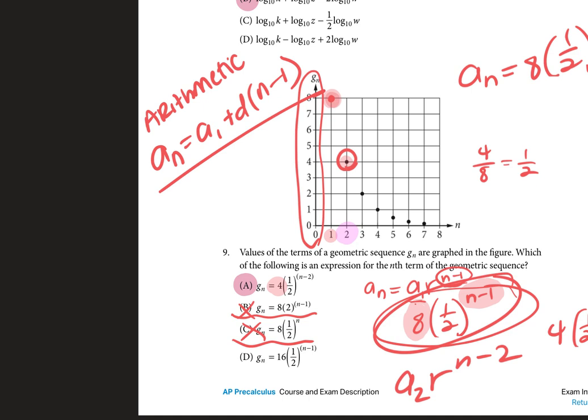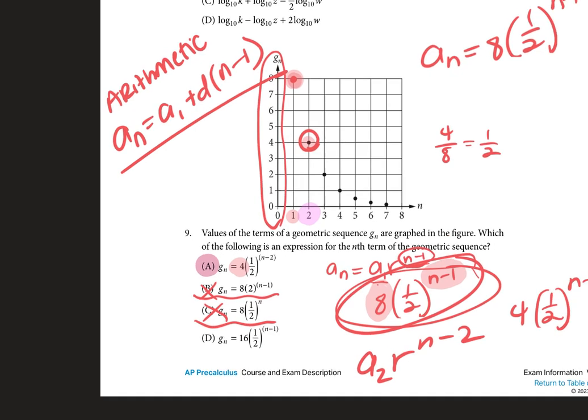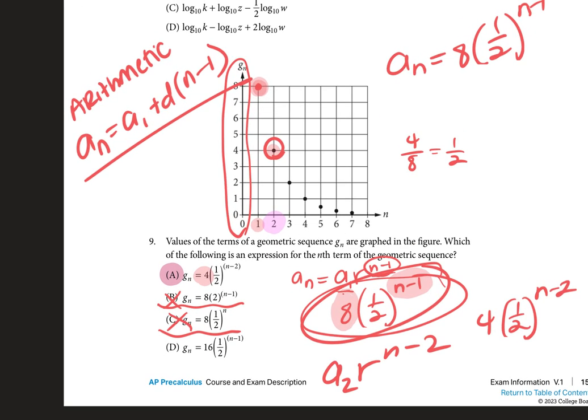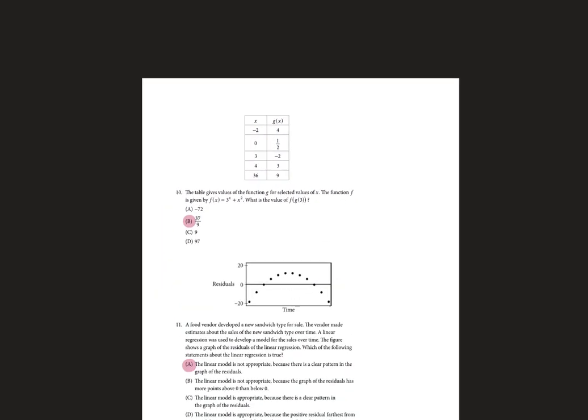So if you don't know that formula, could you use slope? For arithmetic, yes, you can use slope because it's linear, like y2 minus y1, that whole thing. This is similar to exponential, but those equations get a little bit different. You need to know the formula.